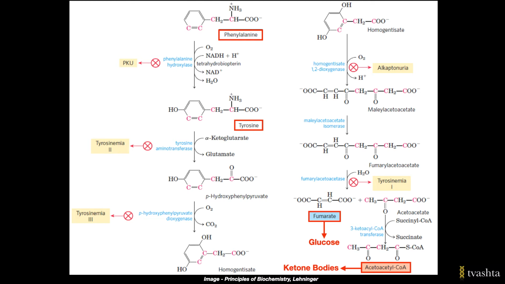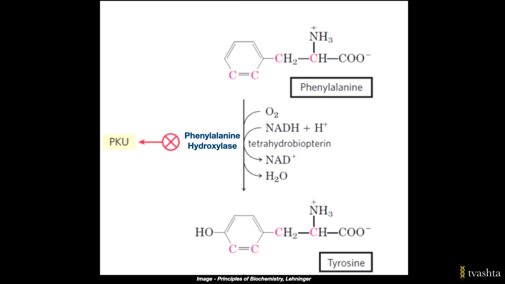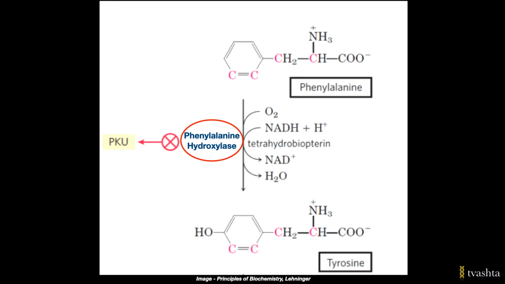Now let's see what goes wrong in the body of people with phenylketonuria. The problem lies in the first step of phenylalanine catabolism. The enzyme responsible for the conversion of phenylalanine to tyrosine, that is phenylalanine hydroxylase, is genetically defective in the individuals with phenylketonuria, due to which this reaction does not take place.